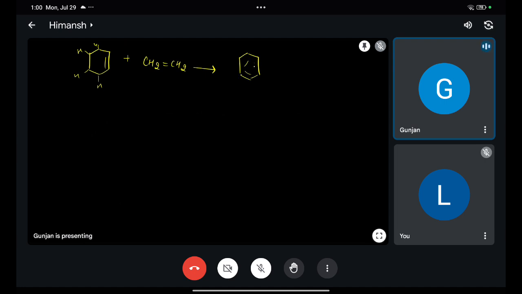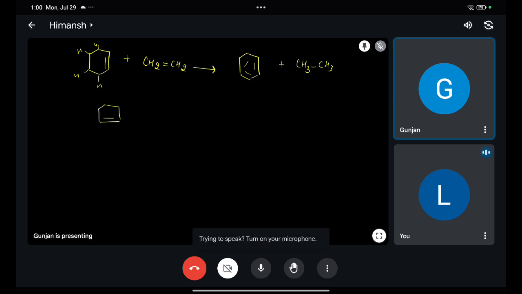And that hydrogen they supply to this alkene and create the alkane. Got it? Automatically in the presence of CH2 it will get converted. No? Yes.